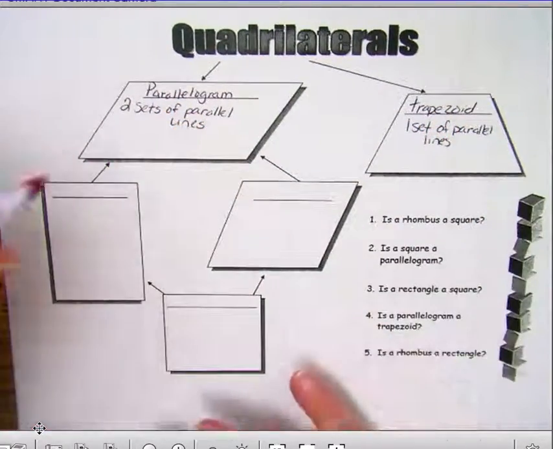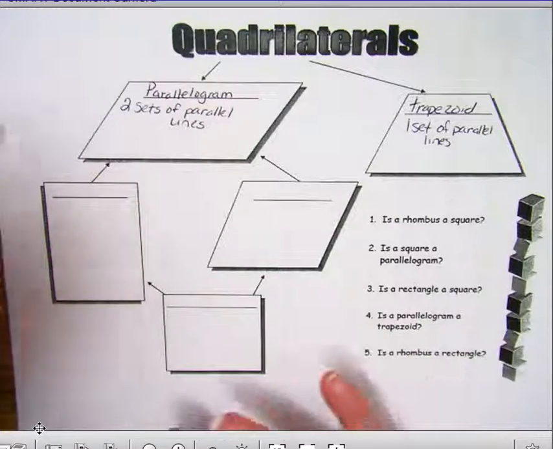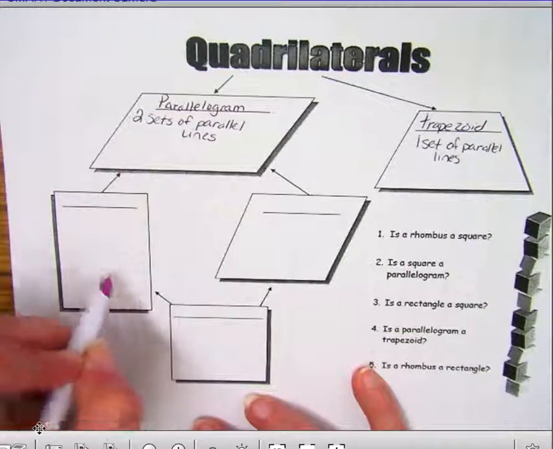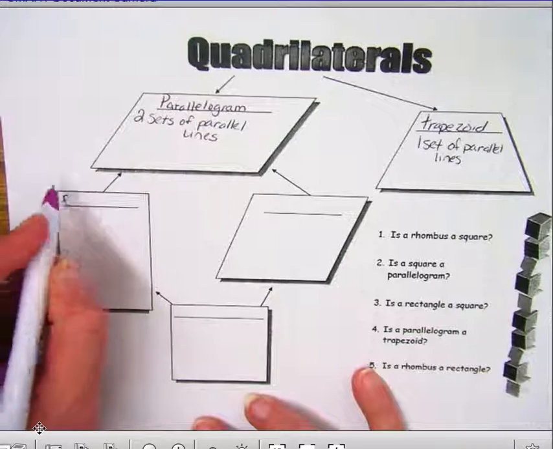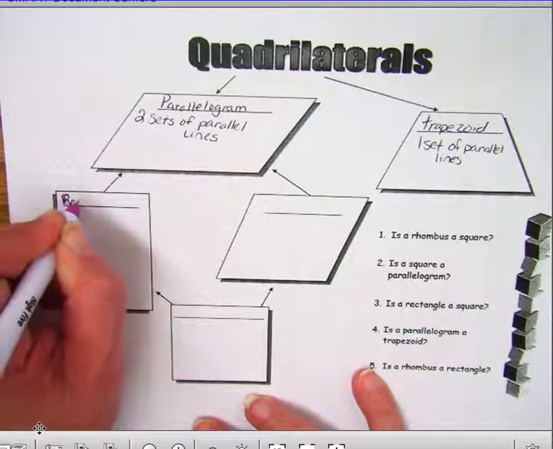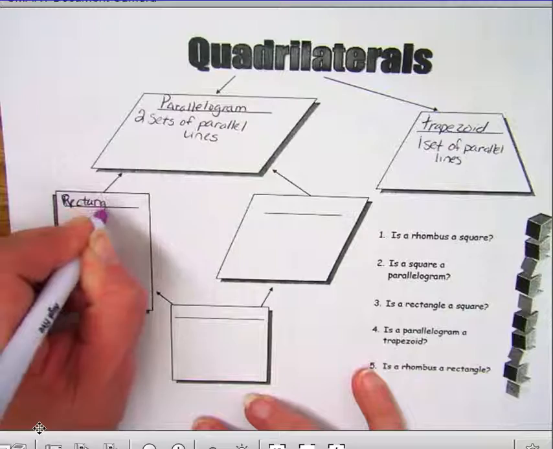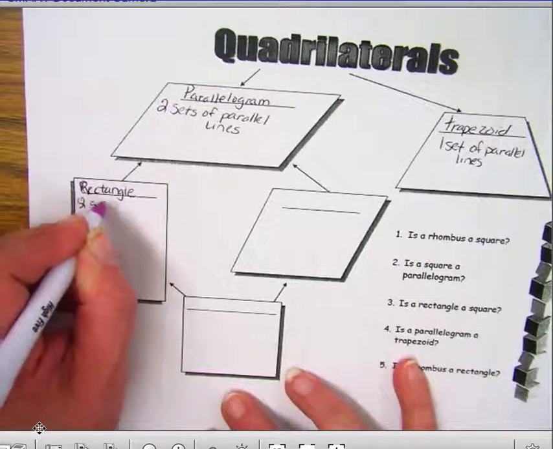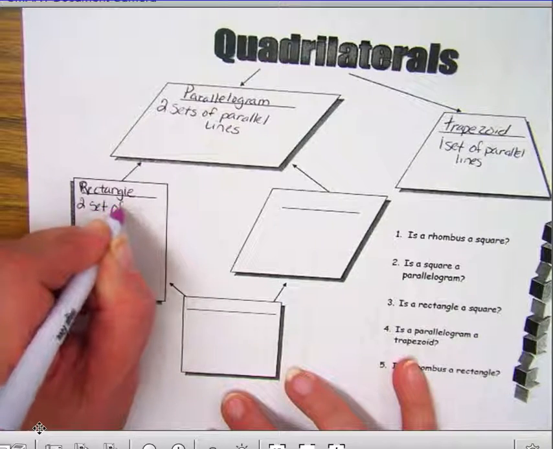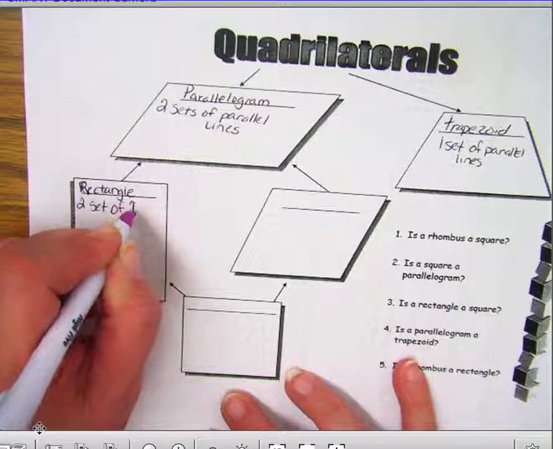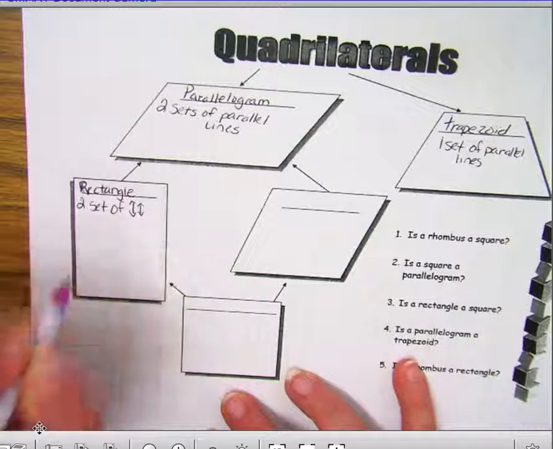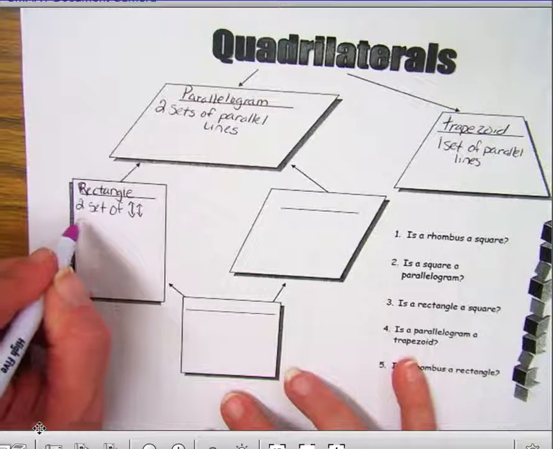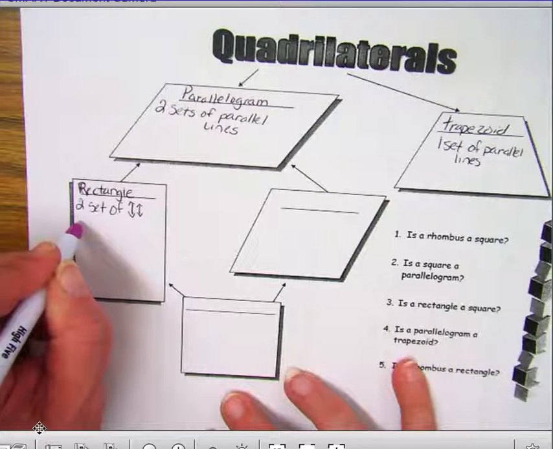All right. Now, if we go from there, this is a rectangle, and you can tell by the shape of this that this is a rectangle. It's got two sets of parallel lines, and I'm just going to draw them like this so that I know that they're parallel, and then it's got 90-degree angles.